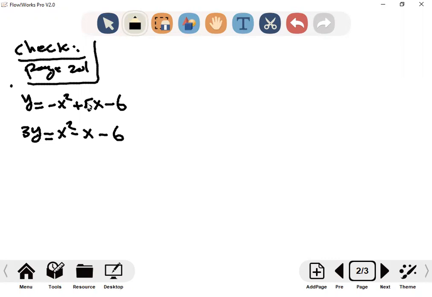So what I will do, guys, I will make this y as 3y. So I'll multiply the whole equation here by 3. So this equation, if I multiply it by 3, it will be 3y equal minus 3x power 2 plus 15x minus 18, right?